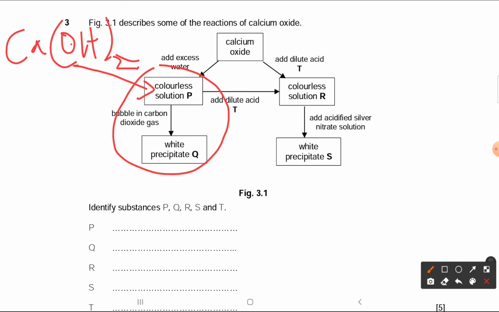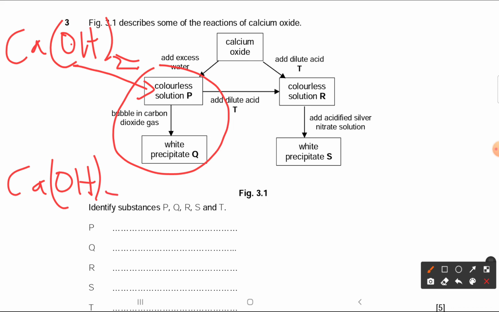Okay, so we already solved one. Colorless solution P is the lime water or calcium hydroxide. Bubble in carbon dioxide gas, you get white precipitate Q. So the white precipitate is calcium carbonate. For this reaction, the chemical equation is like this.